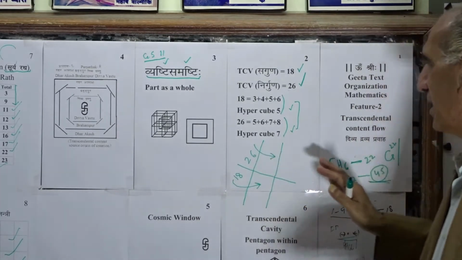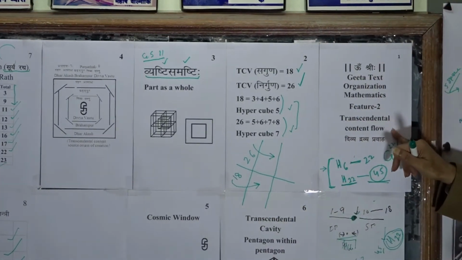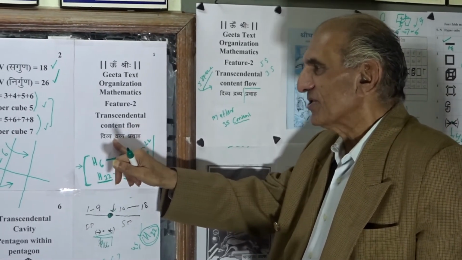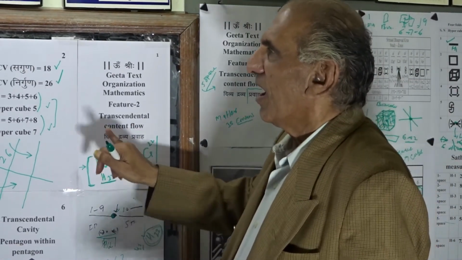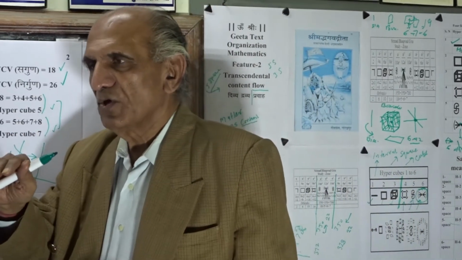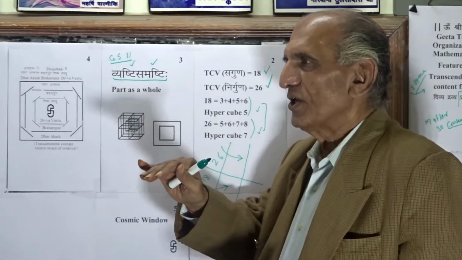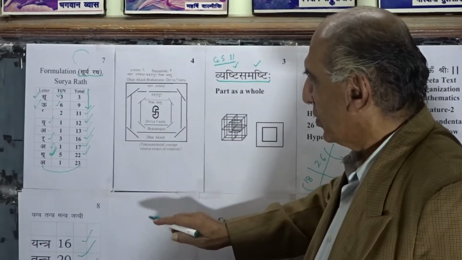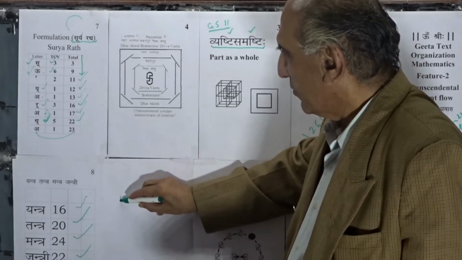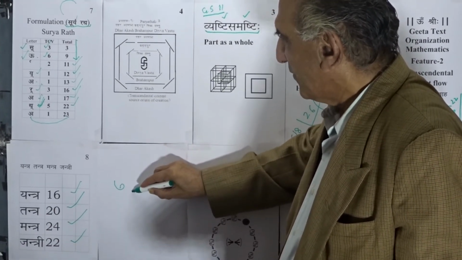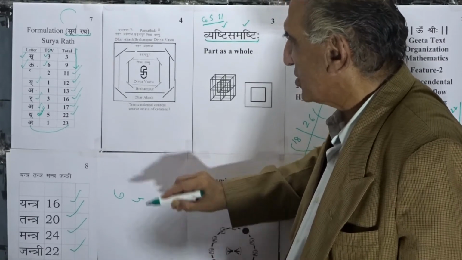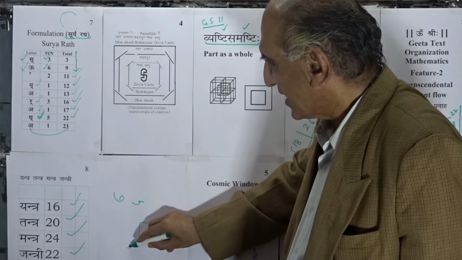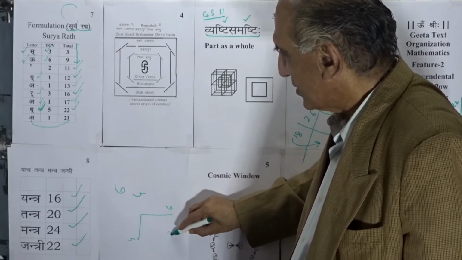Therefore, the transcendental content flow is going to be a flow for the dynamic state of the hypercube 6 solar universe having revolutions around the pole star. We know the Sun as a 6-space body would mean 6 space as a domain and 4 space as its dimension. It will lead us to a grid 4 into 6, leading us to the value 24.